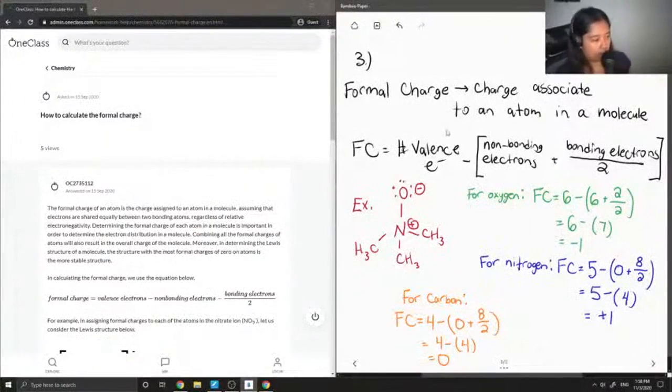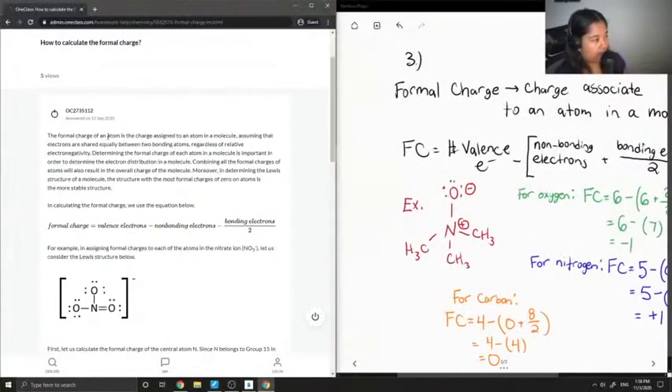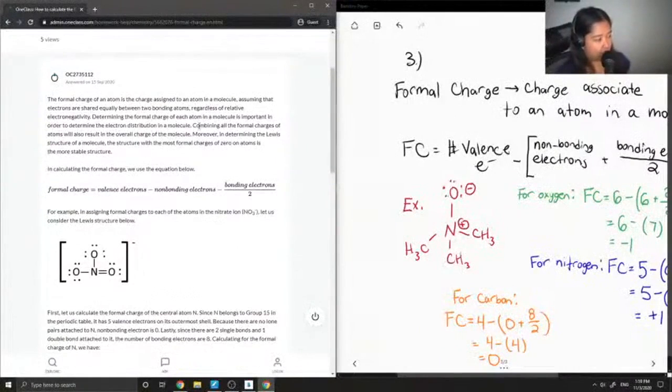So let's see the answer from our junior tutor. The formal charge of an atom is the charge assigned to an atom in a molecule, assuming that electrons are shared equally between 2 bonding atoms, regardless of relative electronegativity. So determining the formal charge of each atom in a molecule is important in order to determine the electron distribution in a molecule.